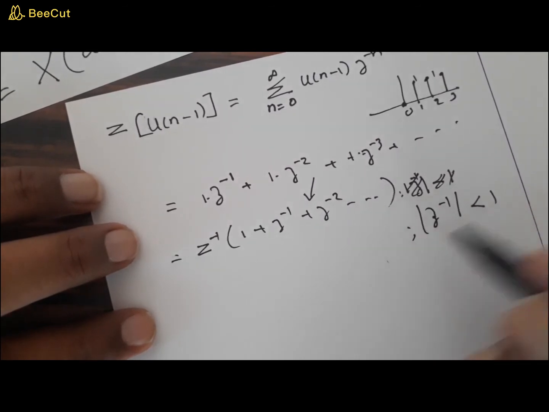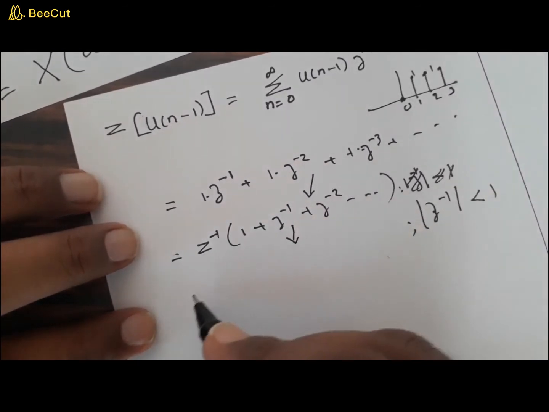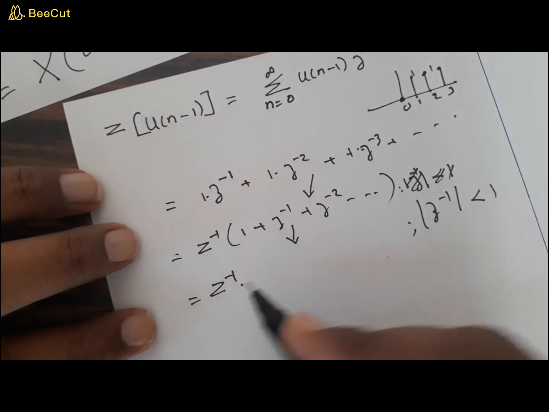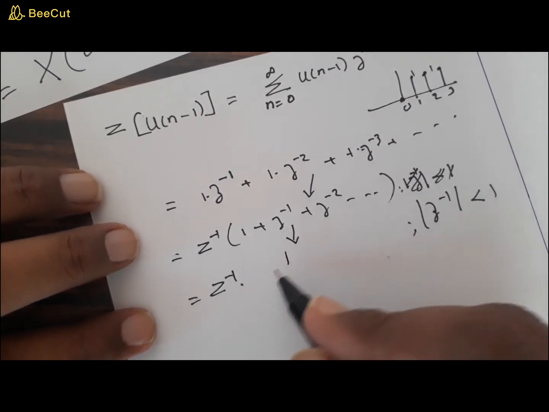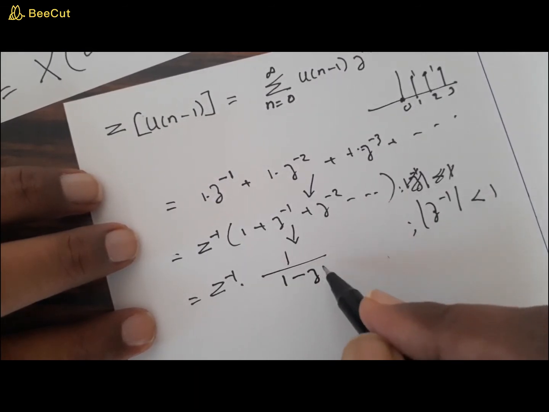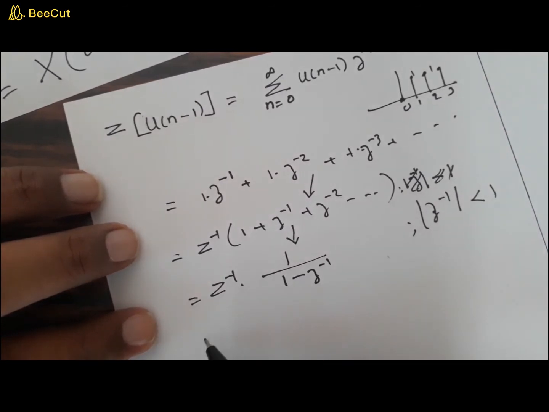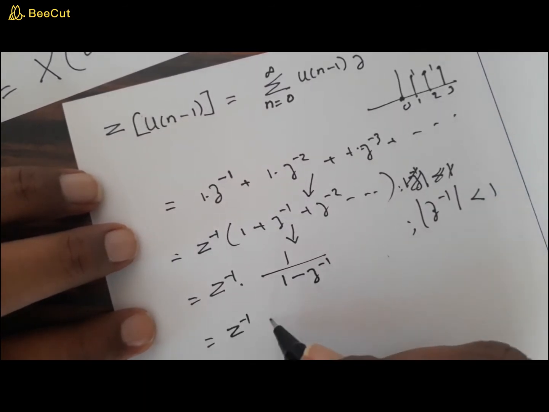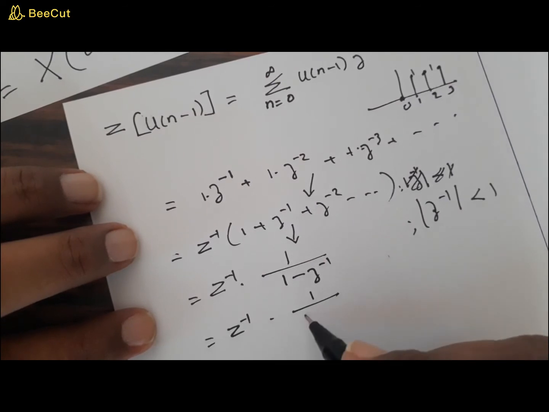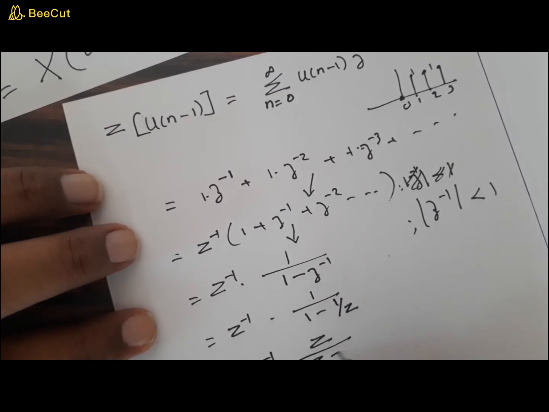If you can set such a condition, you can write this expression as z raised to minus 1 into 1 by 1 minus z raised to minus 1. This is nothing but z raised to minus 1 into 1 by 1 minus 1 by z, or z raised to minus 1 into z by z minus 1.